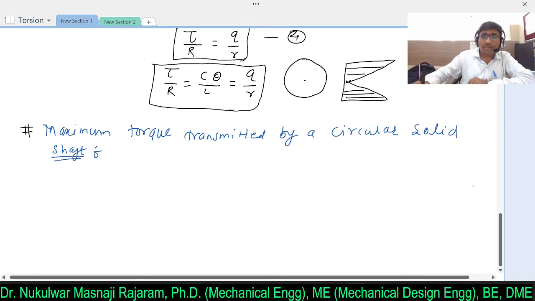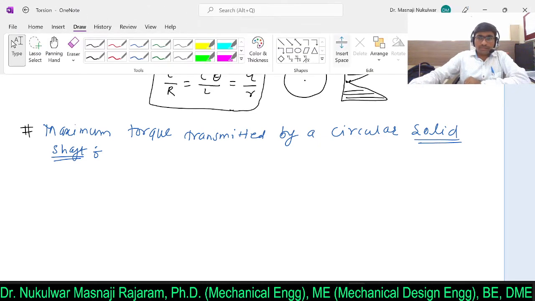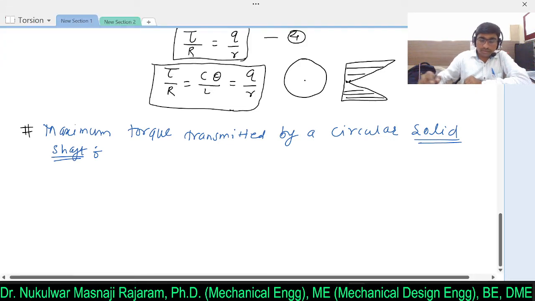Now shaft may be hollow or shaft may be solid. Clear? So we must consider these two cases. So first I will consider a solid shaft, then how much maximum torque it can transmit, that we can evaluate over here.